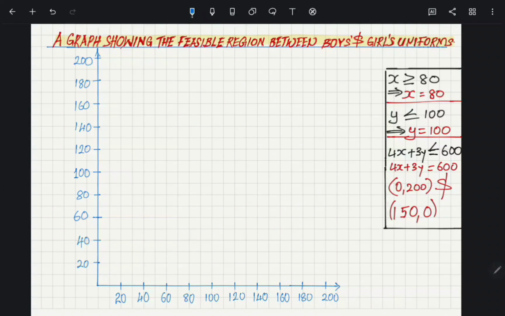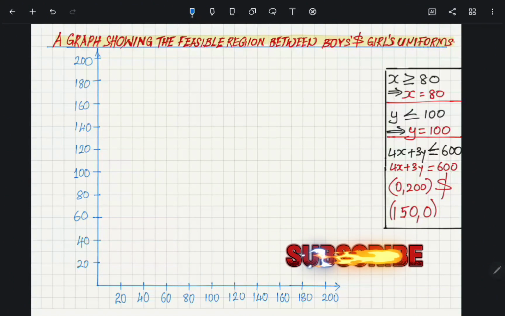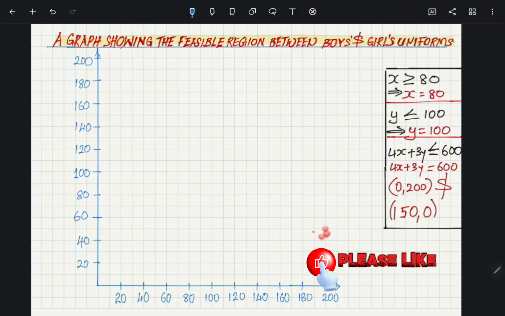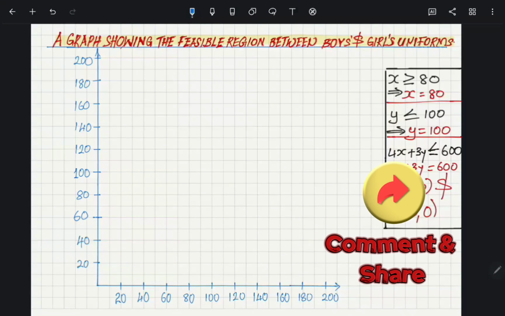Here is our graph paper, our Cartesian plane on which we are supposed to represent the Taylor's conditions. On this graph here, we have to show the feasible region of the Taylor's condition. Now, what is the feasible region? The feasible region simply means the unshaded region that we are going to come up with after drawing the respective lines that we have come up with. Now, we are going to draw those lines and we are going to shade them according to the conditions of the Taylor.